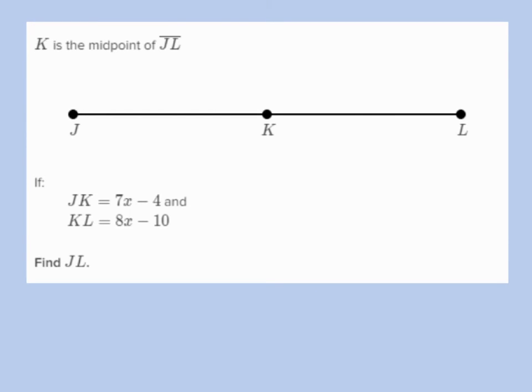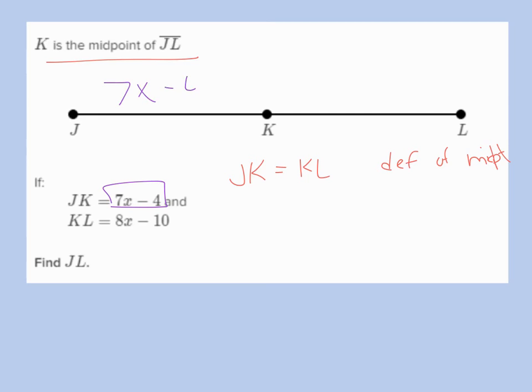Okay, midpoint situation. It says K is the midpoint of JL. So that means that JK equals KL by definition of midpoint. So now I'm going to use substitution. I should write this in my diagram up here too. 8x minus 10.